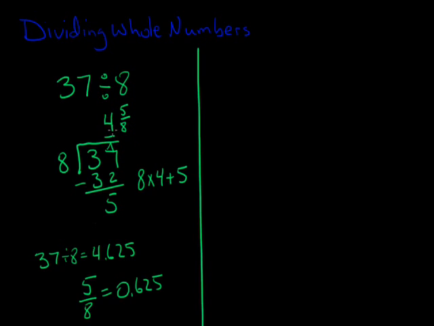But you just multiply by the whole number portion. Now, 8 times 4 is 32, plus 5 is 37. Notice that that is your dividend. The dividend is the number that goes in the division house. So, by undoing the division with multiplication, you end up right back where you started.